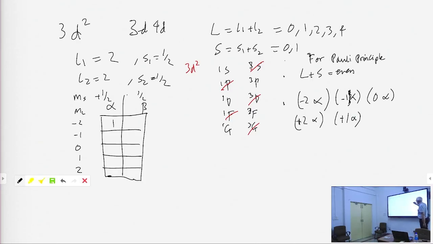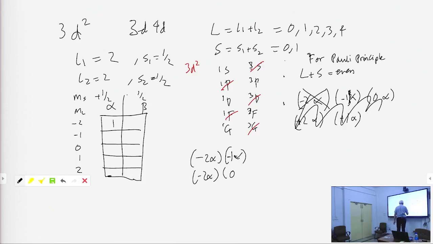You can't have that. Sorry. That's not allowed by the Pauli principle. That would be 2 particles in that. Let's start again. We have -2 alpha. Then it goes with -1 alpha. -2 alpha goes with 0 alpha. -2 alpha, I'm going to get quite a lot of these, by the way, goes to 1 alpha. -2 alpha goes to 2 alpha.